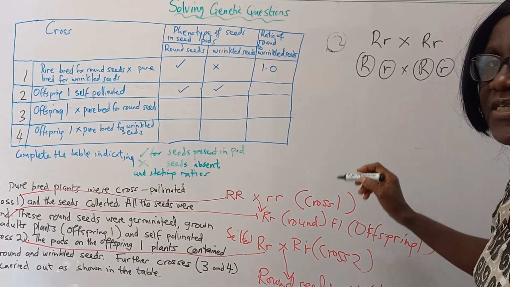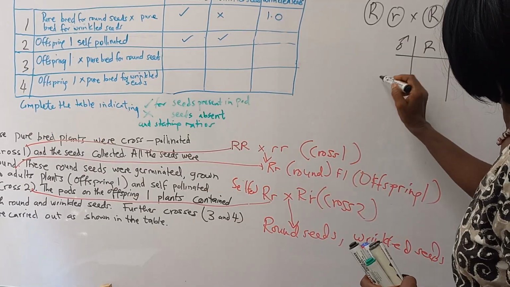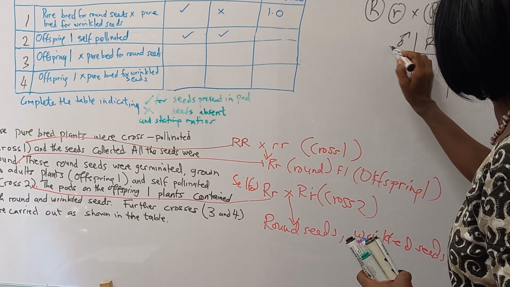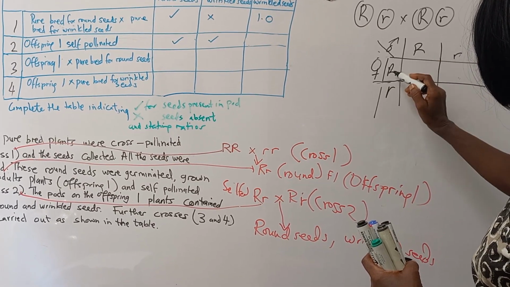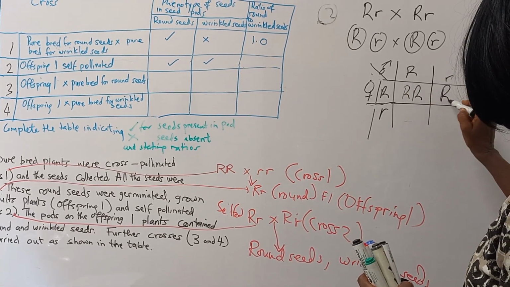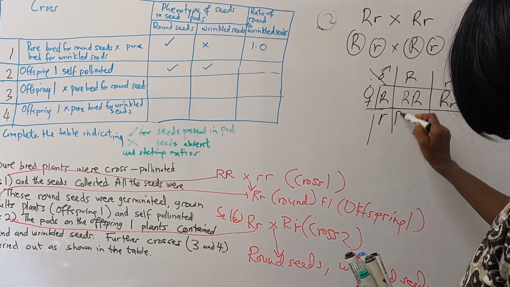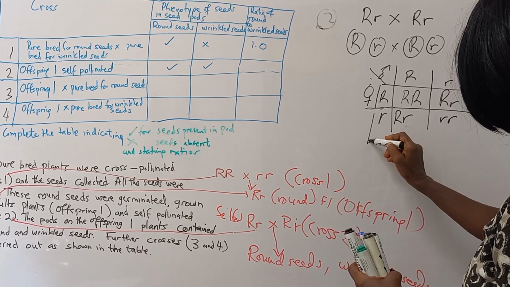Gametes, using the Punnett square, we have our male gametes here, female gametes on this line. And so we end up having offspring. This gamete and this gamete will produce this offspring. This one and this one produce offspring. This one and this one will produce, and this one will produce this offspring.